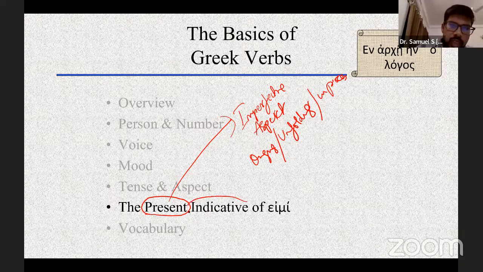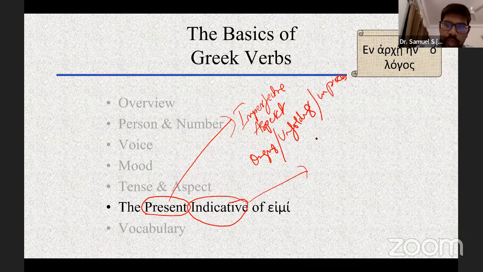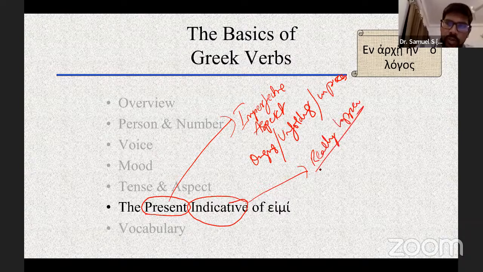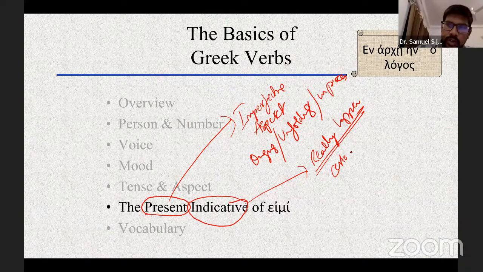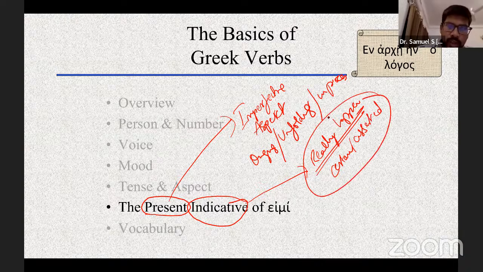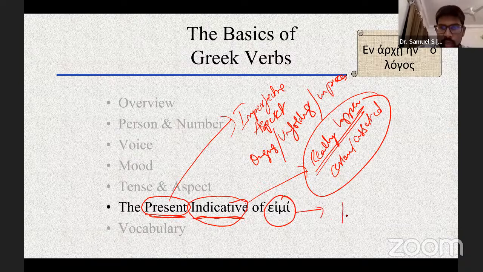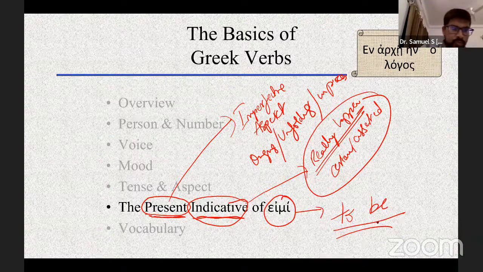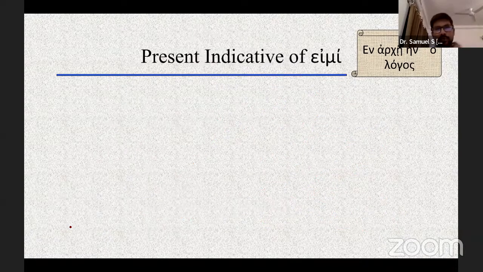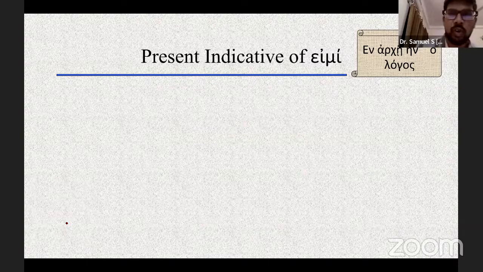Present tense form, indicative mood, meaning the action is really happening from the viewpoint of the author, or certain, or asserted. From the viewpoint of the author, the action is really happening. So we're going to look at the present tense form indicative mood of eimi, which is the to be verb. I am, right? To be. Let's look at the paradigm. Present indicative of eimi.